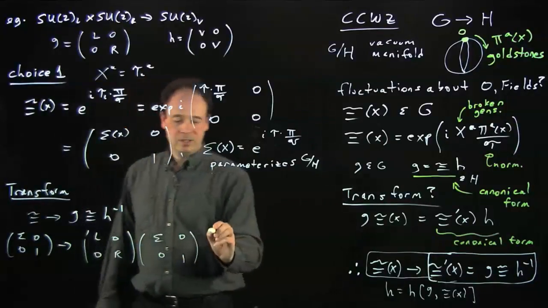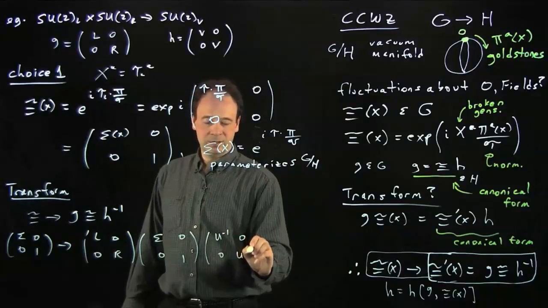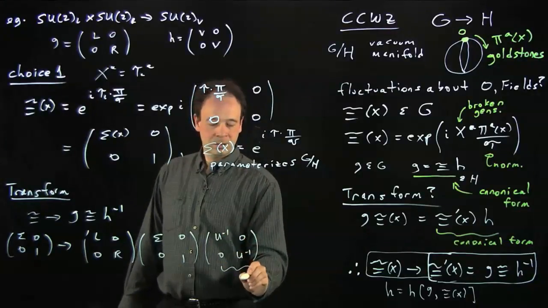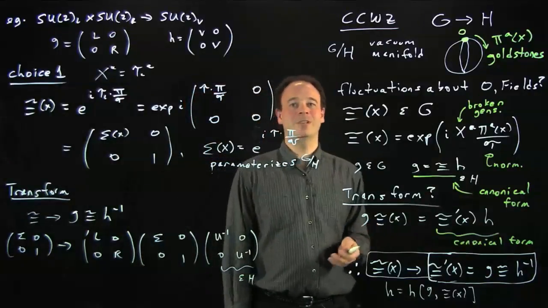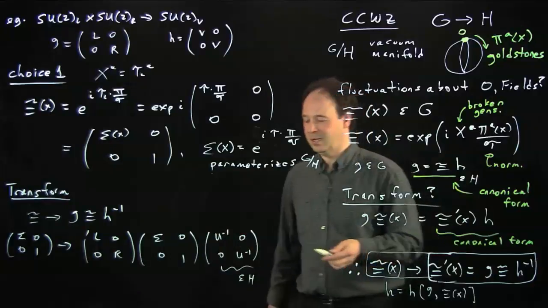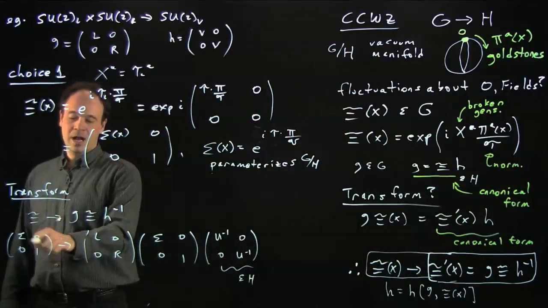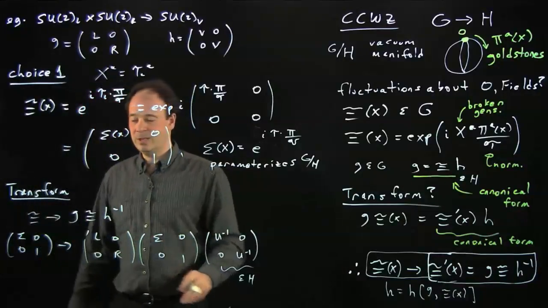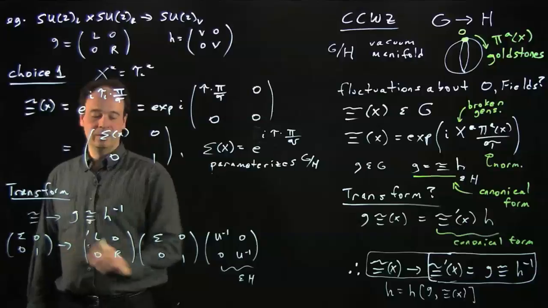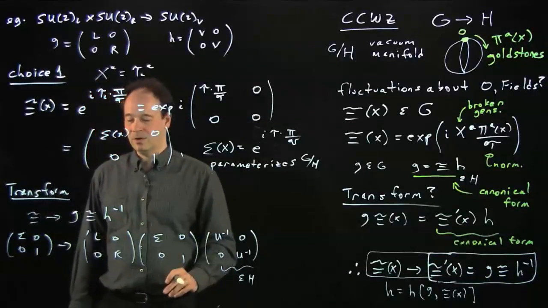And then h inverse. And let me write h inverse in the following way: u inverse, 0, u inverse. That's just some element of h. For reasons that will become clear, I've just chosen this u inverse to be there. If I'm transforming the 1, so this is a simple diagonal matrix, I could really think of it as just two transformation laws, one for the upper left corner, one for the lower right corner. If I'm transforming 1, I actually don't want 1 to transform.